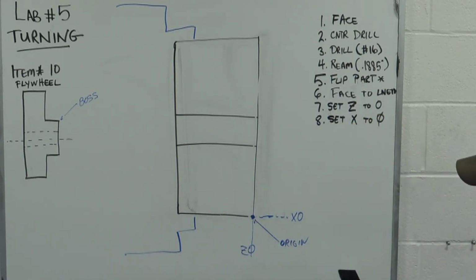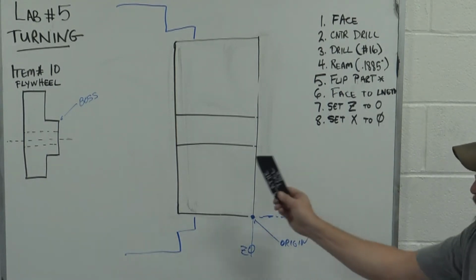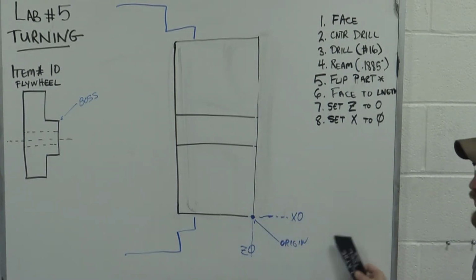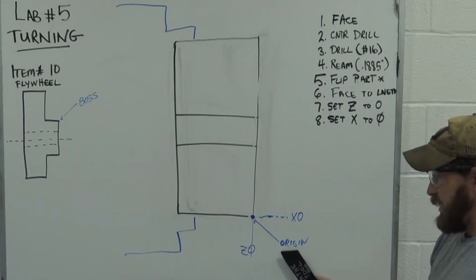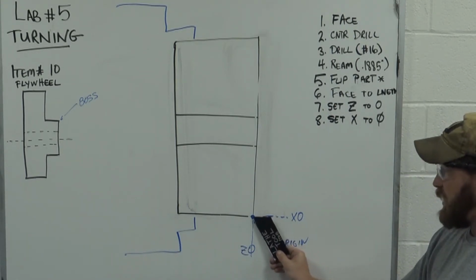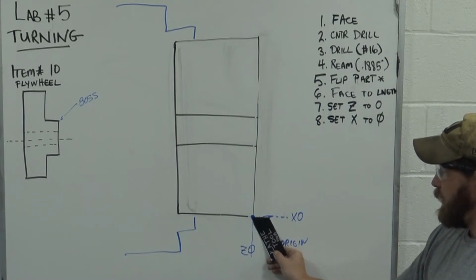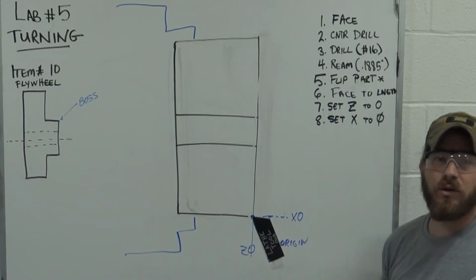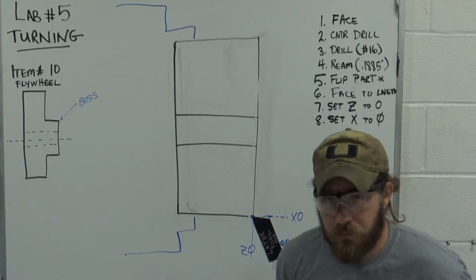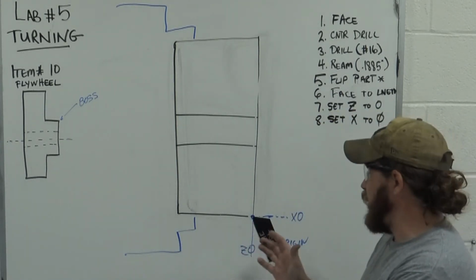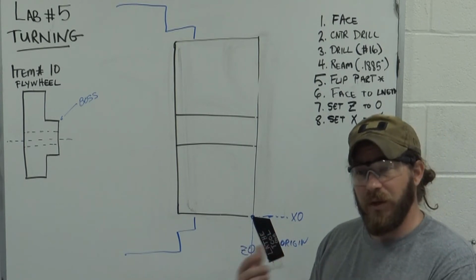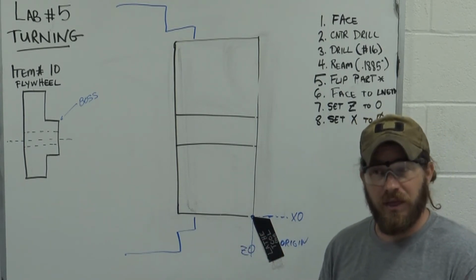All right? So it doesn't matter if I take this tool and move it all the way around, as long as I come back to the 0, 0, my tool should be right at the corner of that part. That way we know where this part is located, and then we can start cutting on things.